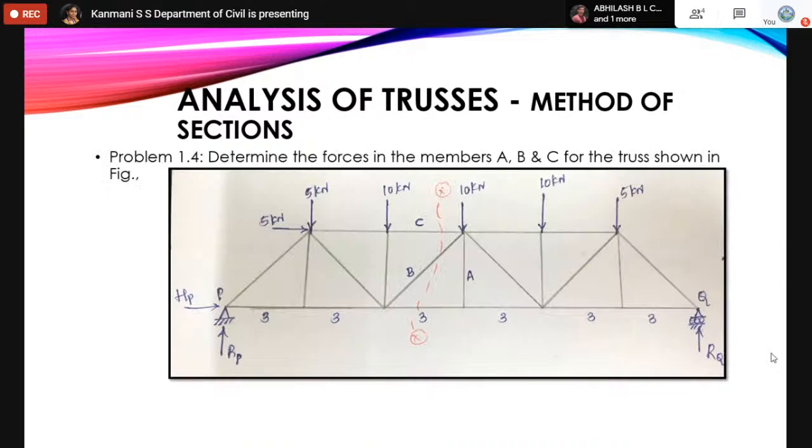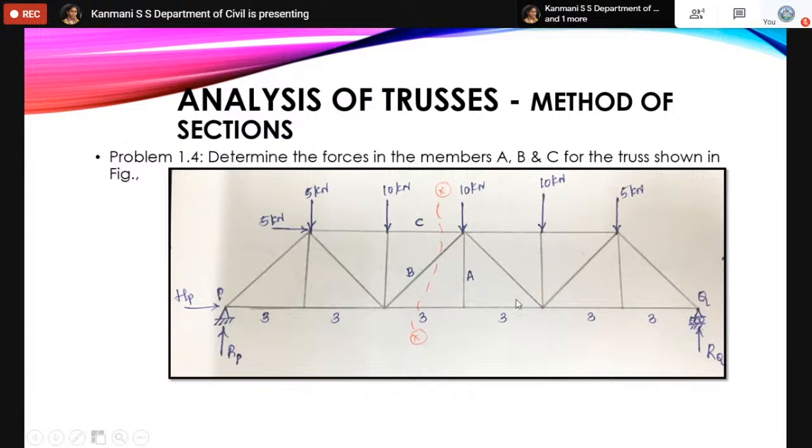Now moving on, I'm taking a problem: determine the forces in the members A, B and C for the truss shown in the figure. I have marked here A, B, C. I have 3 members in such a way that if I cut a section, it will not pass through all 3 members.